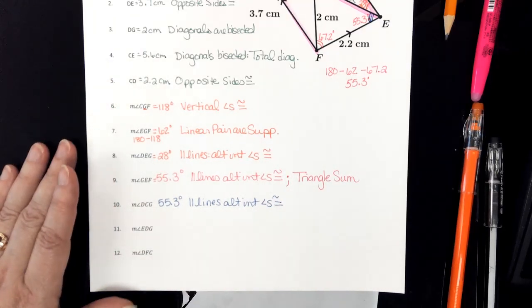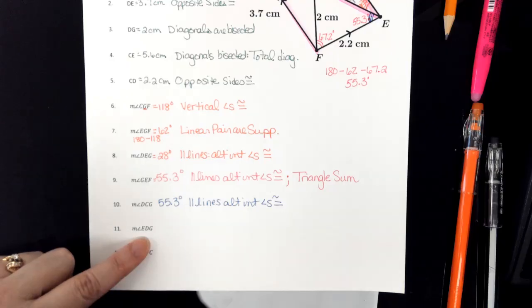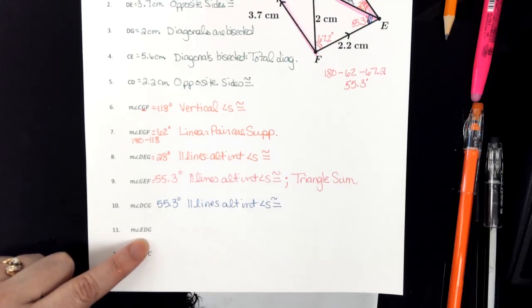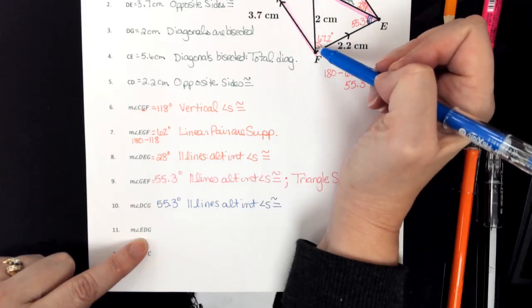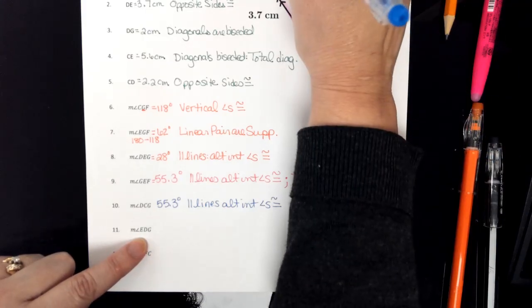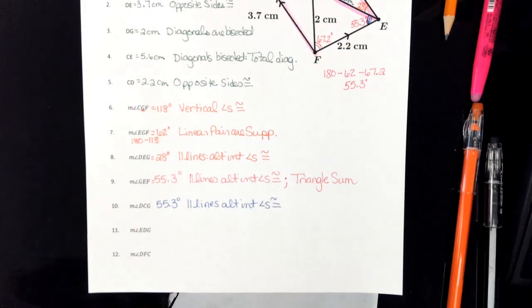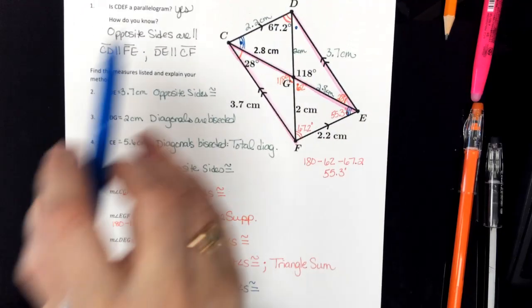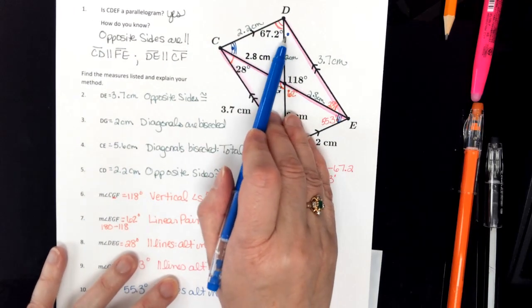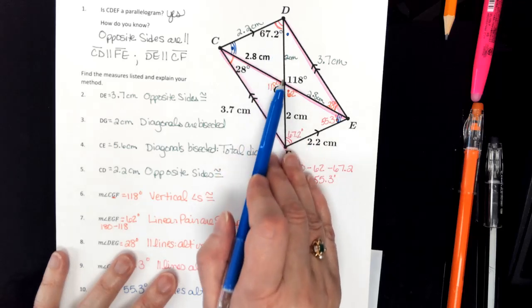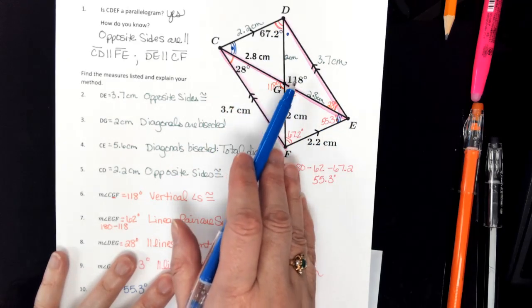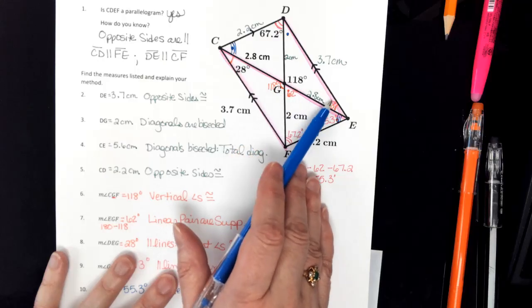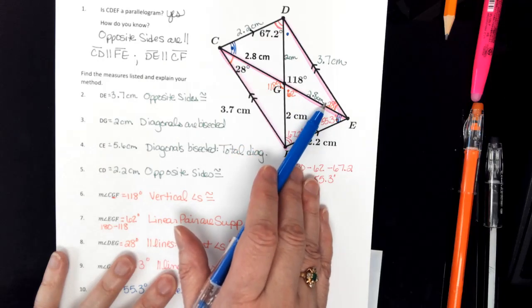All right, last two. Angle EDF. EDF is this angle up here that I need to find. Now, this angle is part of this much bigger triangle DGE, in which I know one angle is 118 and the other angle is 28.